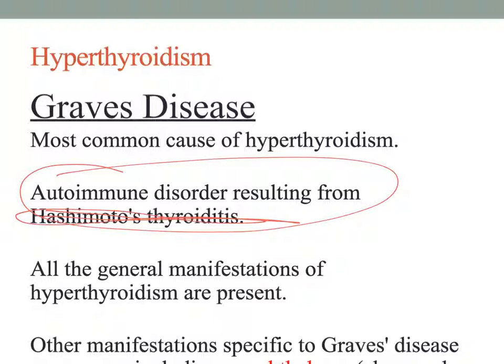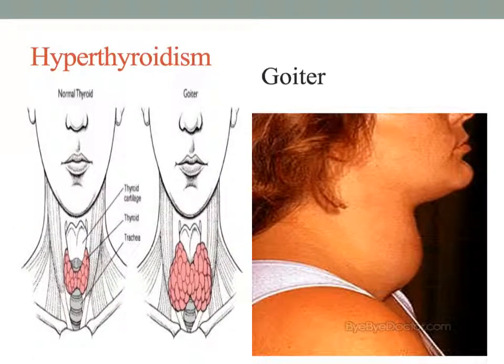So basically, typically, the major cause of hypothyroidism is Hashimoto's thyroiditis, which is autoimmune. Graves' disease is essentially the one that is related to hyperthyroidism. It is also an autoimmune disorder. There are some other types of thyroiditis, which is an inflammation of the thyroid gland, that are related to hyperthyroidism.